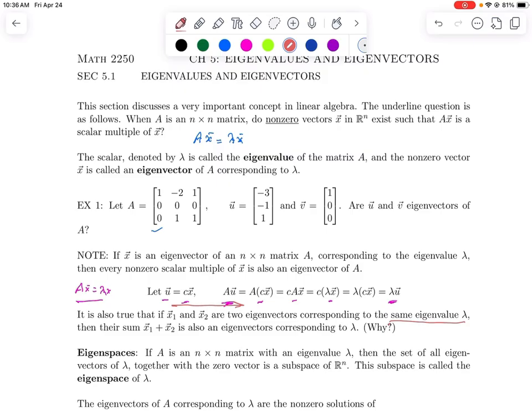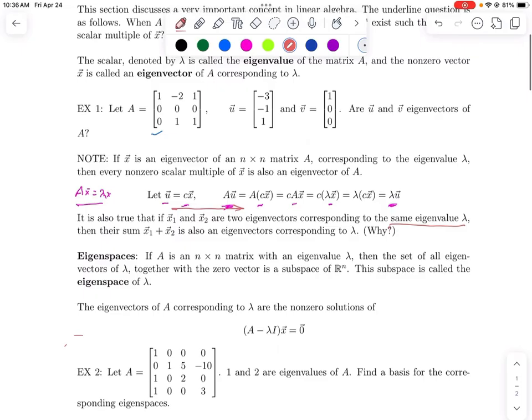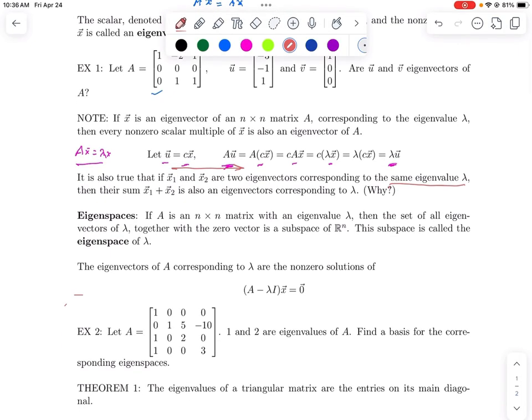So we had one eigenvalue and one vector, but it's not always true. With one eigenvalue, there could be more than one vector associated to it. So for one eigenvalue, there can be more than one eigenvector.